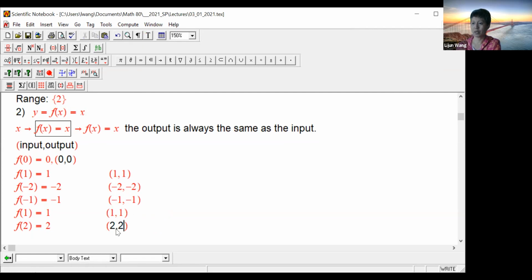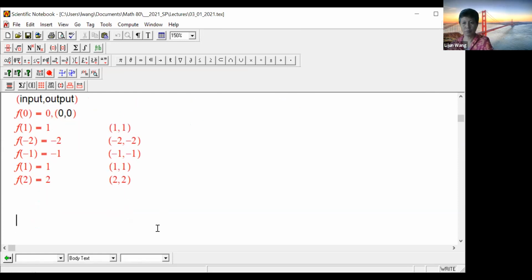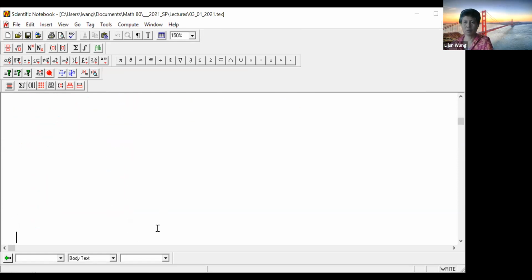Can you plot those points? Could you guys plot those points? You guys know what to do? Get a piece of paper and plot points.